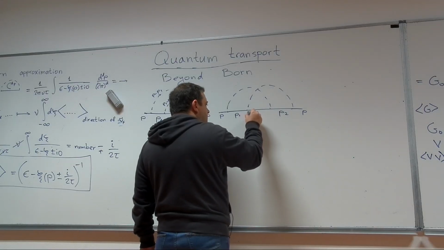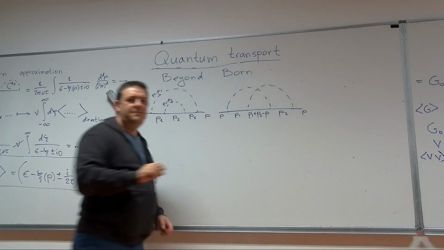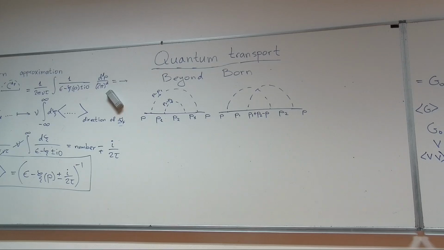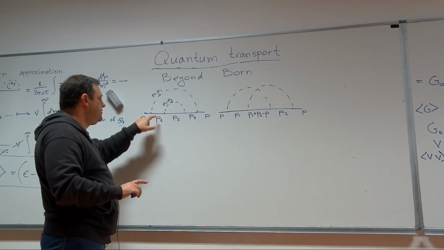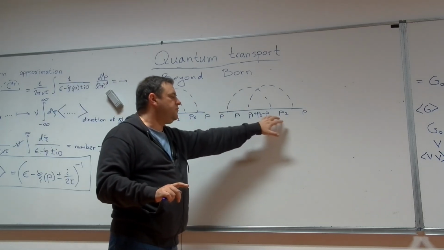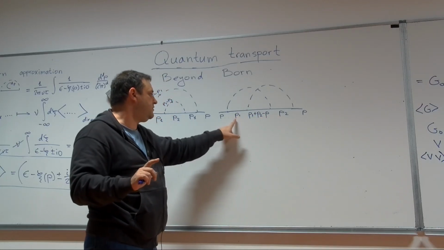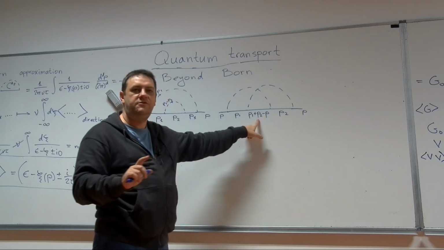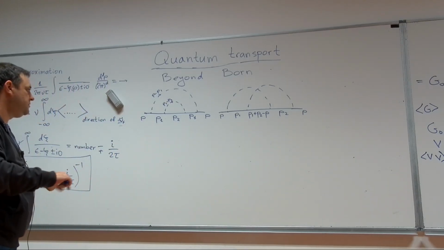Actually, it is P1 plus P2 minus P. So, for this diagram, I have an integral over P1 and P2 of three green functions. For this diagram, I also have an integral over P1 and P2 of three green functions, but they are green functions of P1, P2, and of this argument. I can even write it explicitly if you wish.